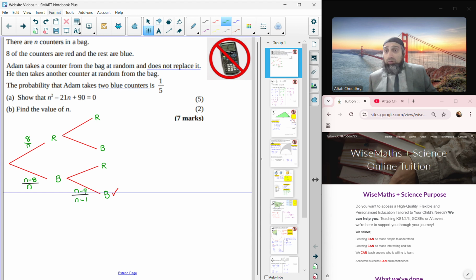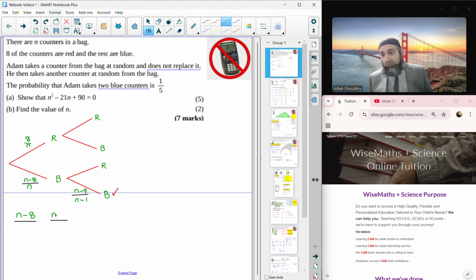Now, the probability that you're going to get 2 blue counters is 1/5. So going across the branch, you need to multiply. It should look like this: n minus 8 over n, times n minus 9 over n minus 1.